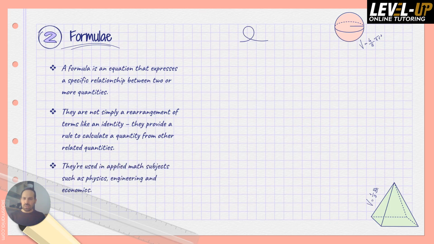And we use them in various applied subjects, not just math: physics, engineering, economics, finance, and so forth. Everywhere you're going to have different formulas for different things that we can apply. So here's one example, which we've already seen, which is the quadratic formula.